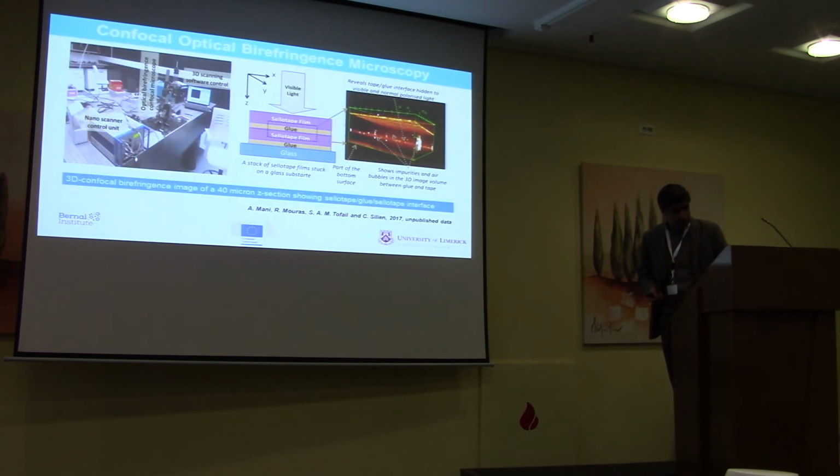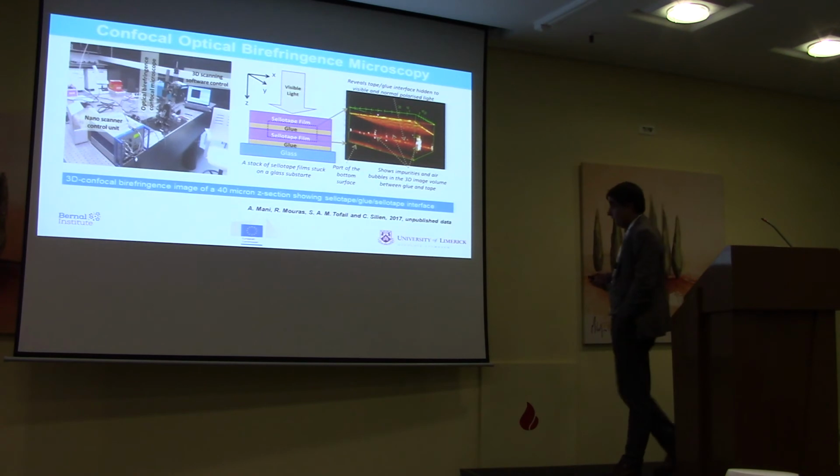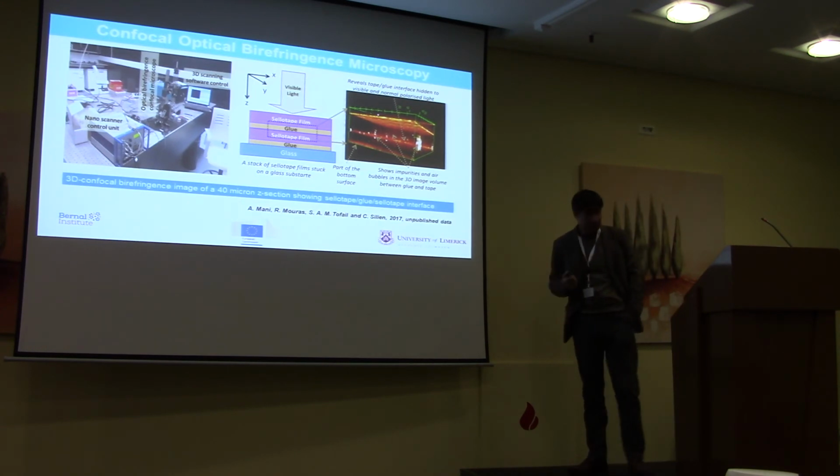The other technique which we developed locally, also at TRL5 stage, is where we have coupled confocal optical microscopy with birefringence, a standard confocal microscopy which can accommodate variation in refractive index, and which is birefringent.